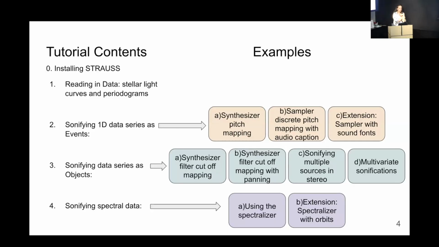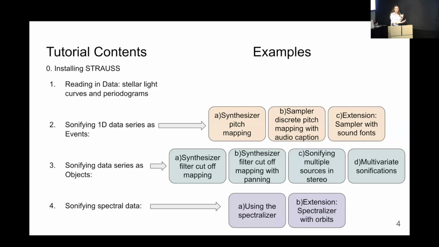So we start with installing Strauss, which we do in Google Colab, keeping a virtual environment in the cloud so you don't need to worry about dependencies. Then we're using some example light curve data, and just to keep it simple, we're using 3 different light curves throughout the tutorial.